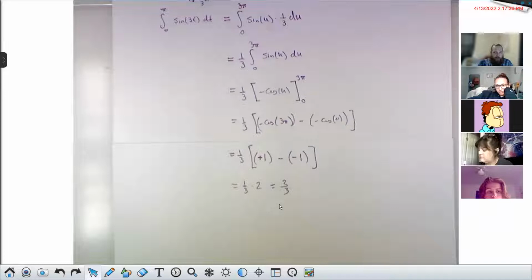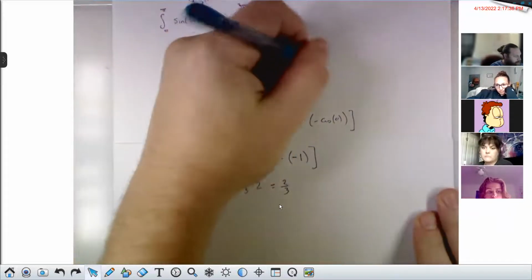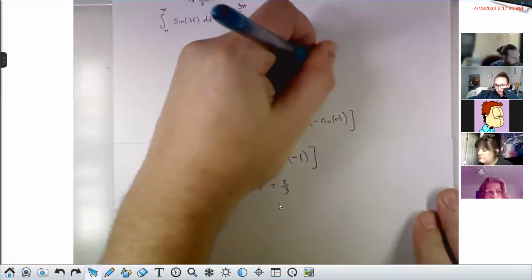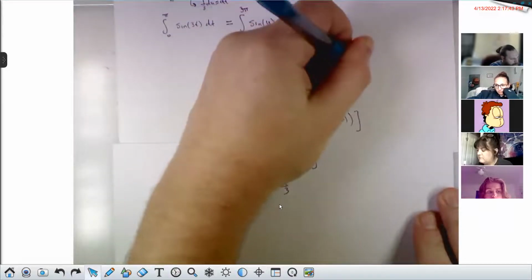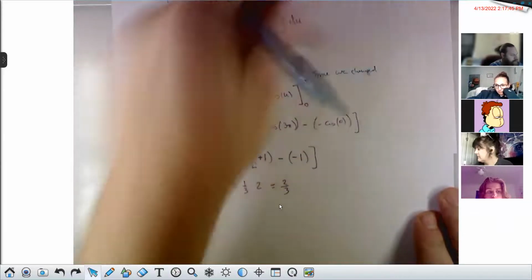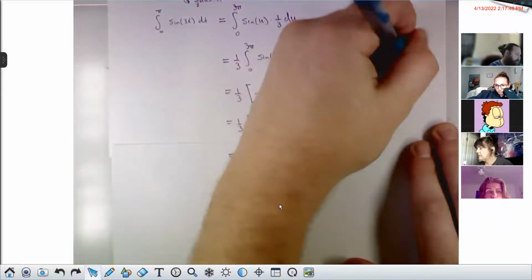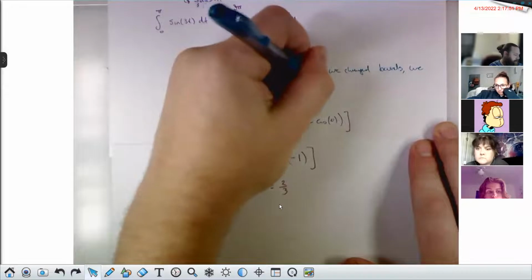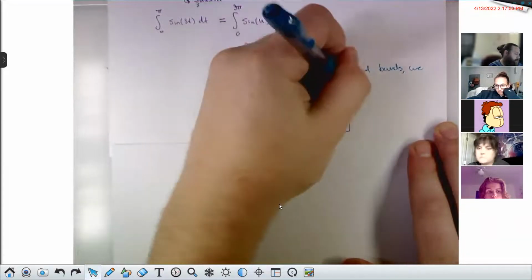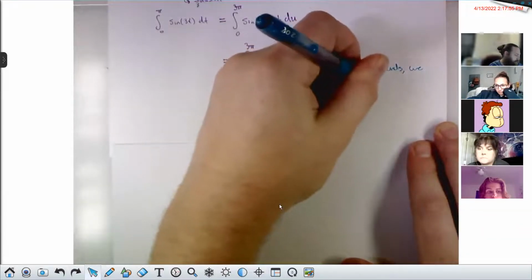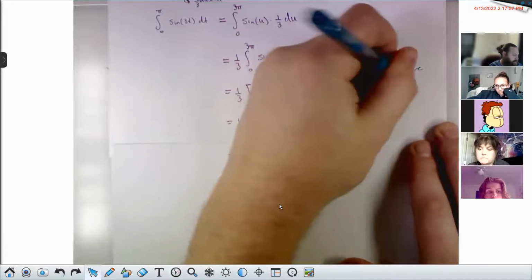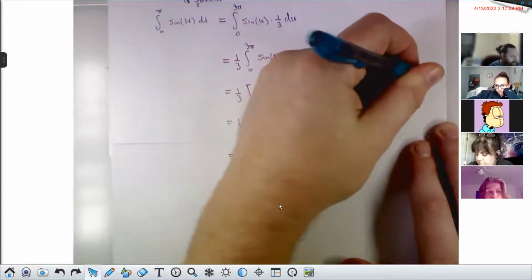So the procedure isn't all that radical, but there are a few things that may differ from stuff that you've heard elsewhere. The note I want to make here is, since we changed the bounds, we do not plug back in 3t for u.